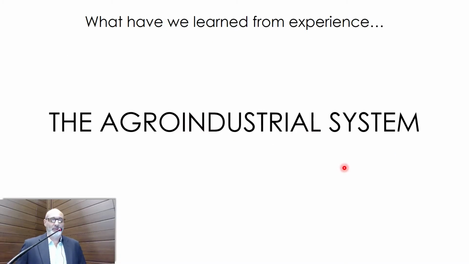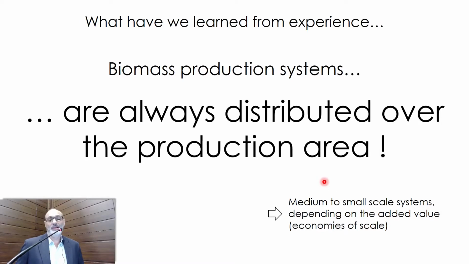And now let's see the agro-industrial system. The problem with the agro-industrial system is that it is a biomass production system, and it is always distributed over the production area. You're going to spend energy and money to concentrate the production at the point of industrial processing, for instance. So typically, these industrial systems are medium to small scale compared to the oil industry.